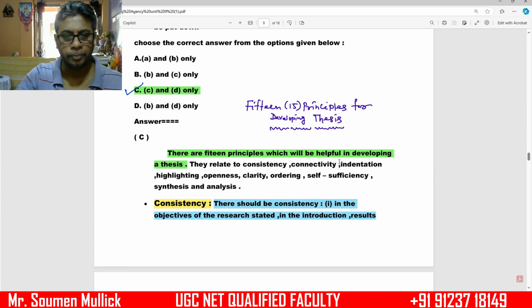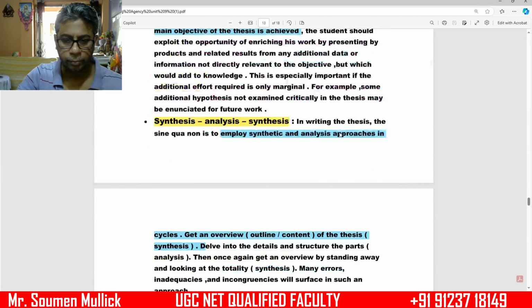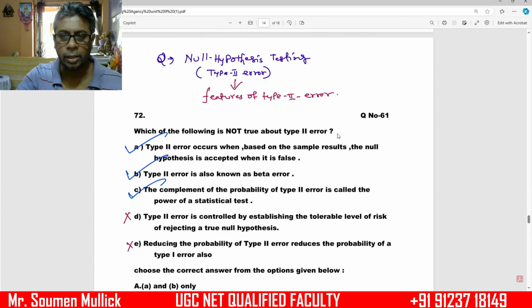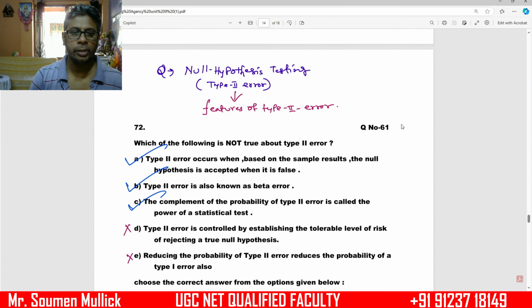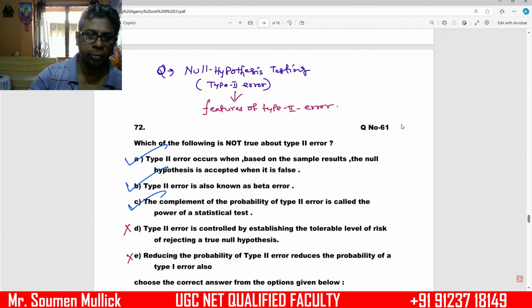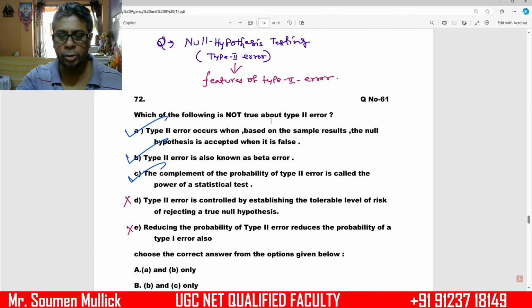Is that right? The type 2 error is also known as beta error. It is also true. The complement of the probability of type 2 error is called the power of the statistical test. This is also true. These three statements A, B, C are correct.